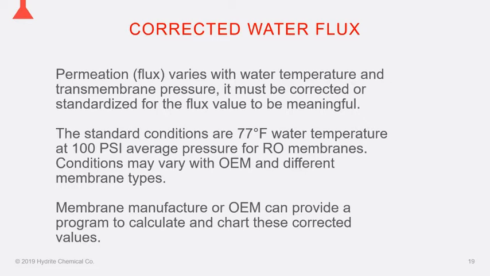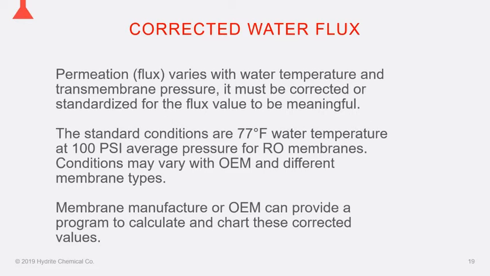So in order to make sense of a flux reading, we need to correct or normalize those flux readings. Typically on an RO system, the membranes are designed to be flux tested at a standard temperature of 77 degrees and 100 psi. Now that's industry standard for RO membranes, but our UF and MF membranes tend to flux a lot more than ROs, so they may have a lower baseline pressure, and the system may be set to flux at a different temperature.